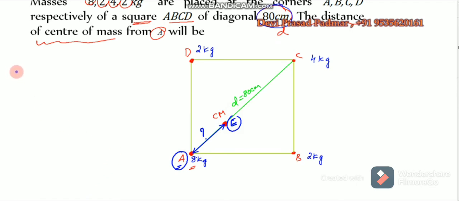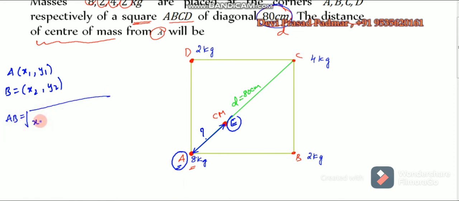If you consider point A as x1, y1 and point E as x2, y2, then the distance can be written as root of x2 minus x1 whole square plus y2 minus y1 whole square. Using this formula you can calculate the distance between A and the center of mass.